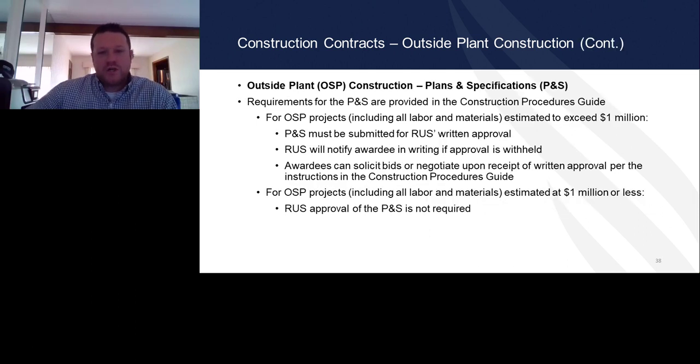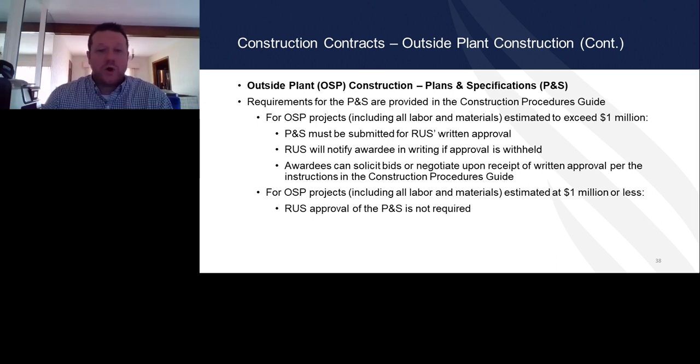For construction contracts outside plant, plans and specifications: an RUS approved engineer approves the plans and specifications for outside plants exceeding $1 million. Plans and specs must be submitted to RUS for written approval.